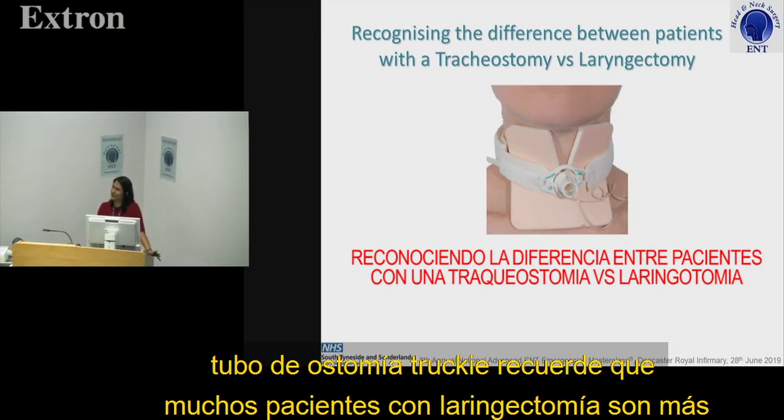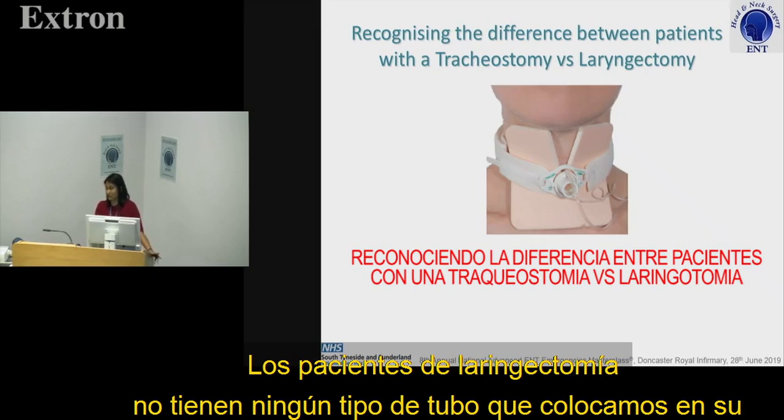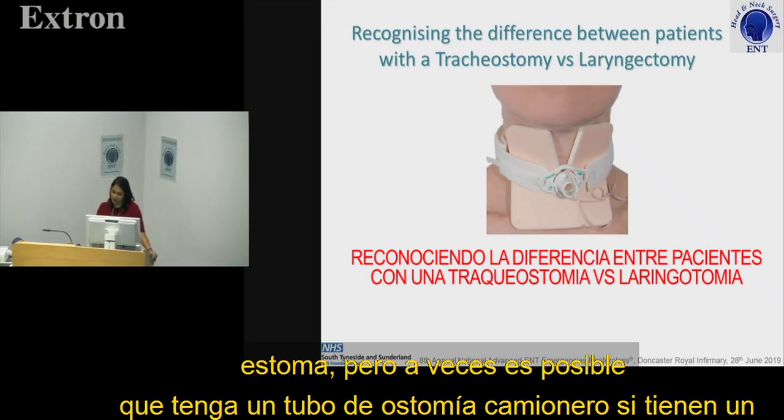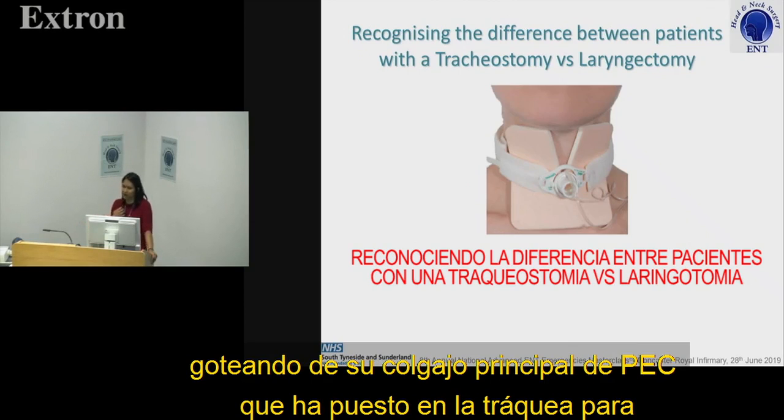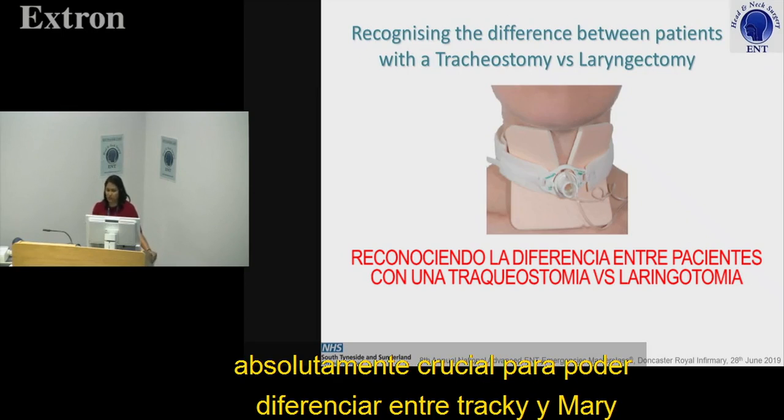Remember, most laryngectomy patients don't have any form of tubing in their stoma, but sometimes you might have a tracheostomy tube if they've got a leak, if they are immediately post-op and you're worried that blood might be trickling from their pec major flap down into the trachea. So absolutely crucial to be able to differentiate between trachea and Larry.